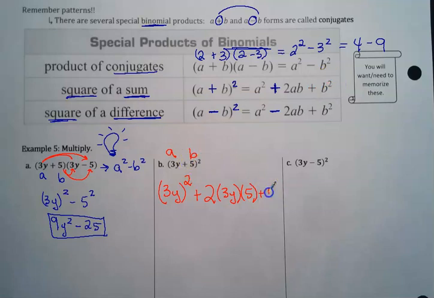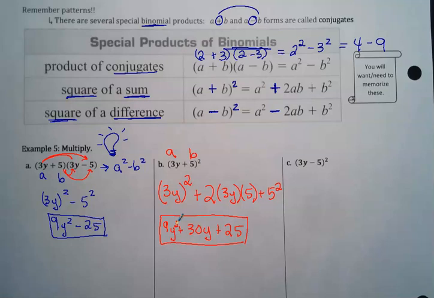Our b is 5, so plus 5 squared. Which you may think is not a shortcut, but I promise you it is. So 3 squared is 9, y squared is y squared, plus 2 times 3 is 6, 6 times 5 is 30, and then we have y in there, plus 5 squared is, excellent, 25. Oh, I forgot the squared on the 9y there. So we have 9y squared plus 30y plus 25.